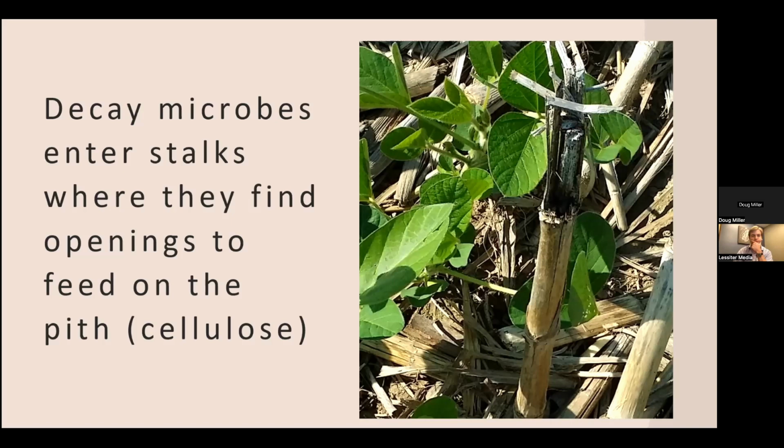But if you look at those stalks, they are largely hollowed out. The cellulose is broken down, and then the residue decay organisms are working on the rest of that stalk. So once the beans are canopied, a lot of that stalk material is going to be decayed. At this point, the stalks are brittle on the outside.